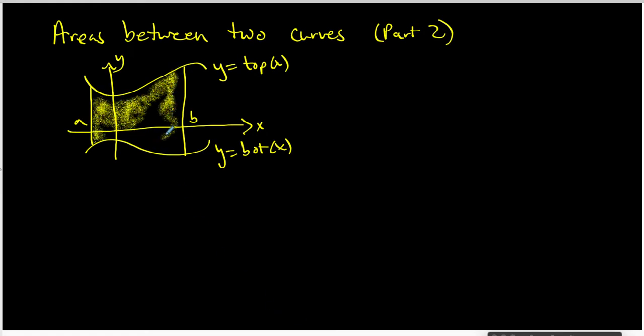And we found out that for a region that looks like this, the area could be thought of as the definite integral from a to b of the top function minus the bottom function.